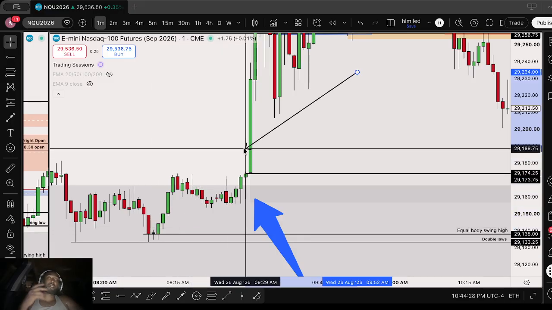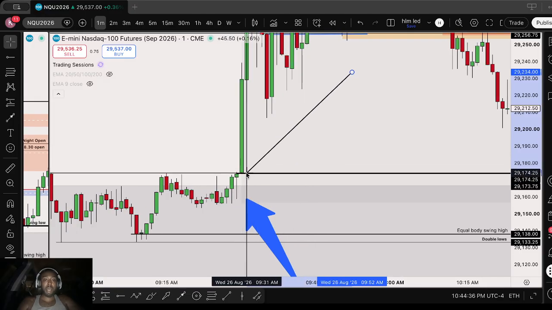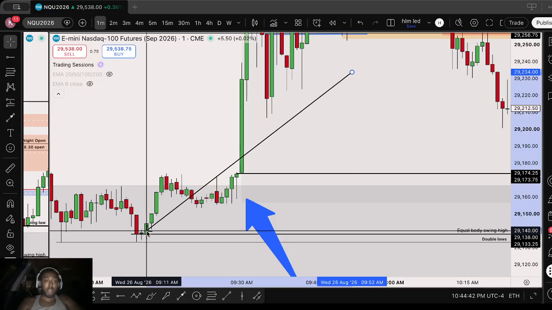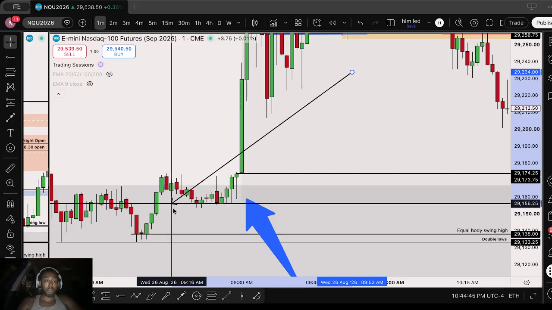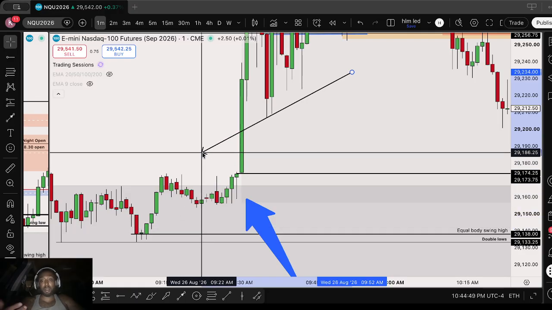So there are multiple things that I learned. I learned about equal body swing lows or equal body swing highs, and I learned about no wick candles. Candles that have no wick, it's inefficient. You know what I'm saying? And the equal body swing lows are treated just like liquidity, right?